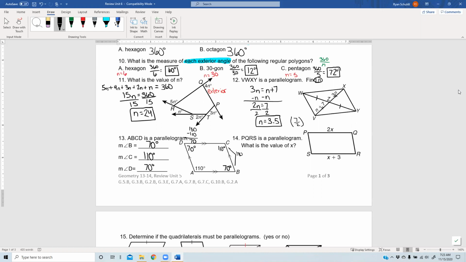Number 14. Again, we have a parallelogram. What's the value of x? Well, on a parallelogram, opposite sides are congruent. So to get x, I just have to take 2x and set it equal to x plus 3.